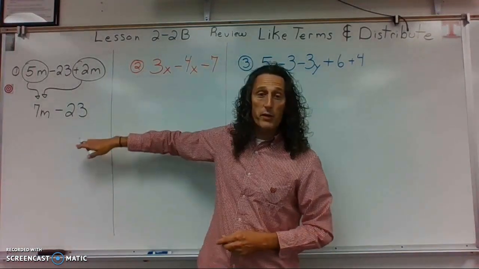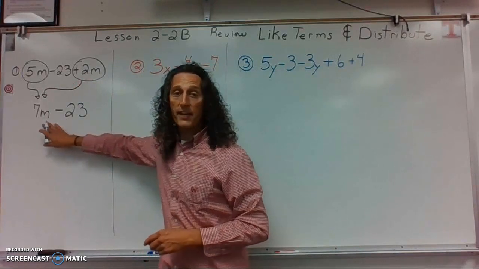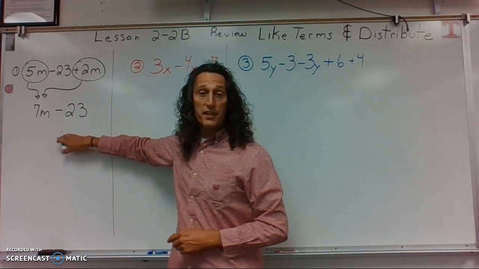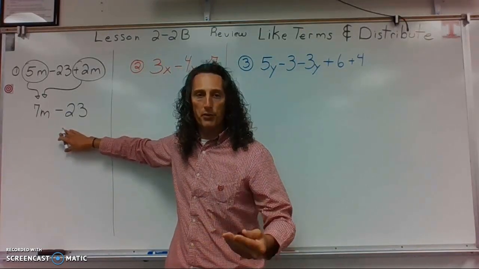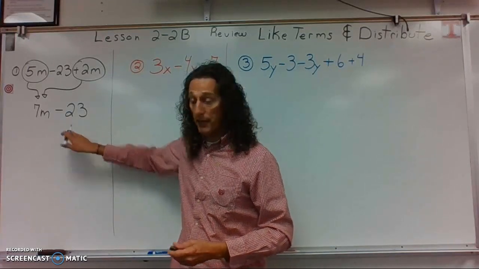And then this is what we call simplified, right? I have my monkeys together, they're all happy, and then I have this 23 constant off by itself. And then this expression is simplified, right? I can't take this any further. So this one is also done.